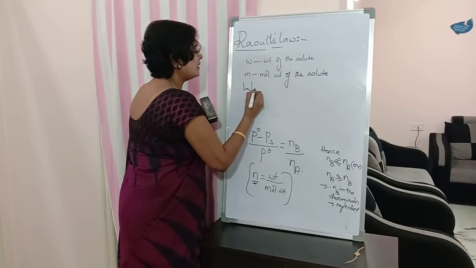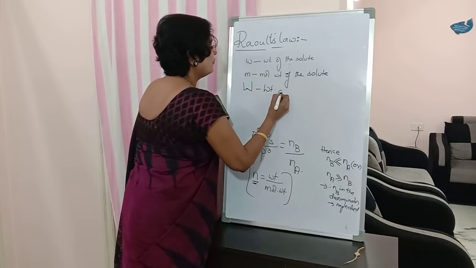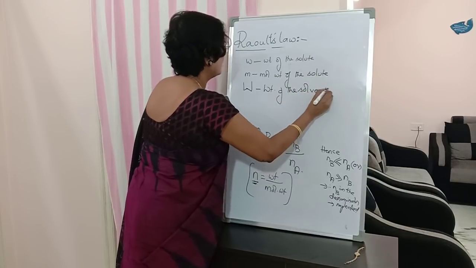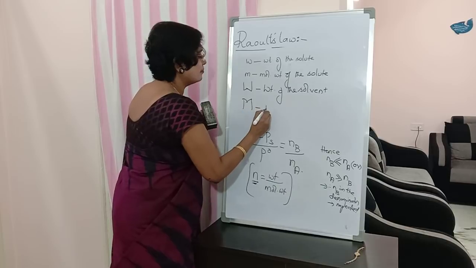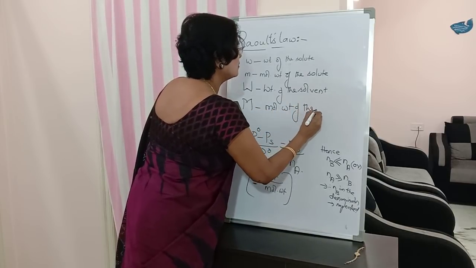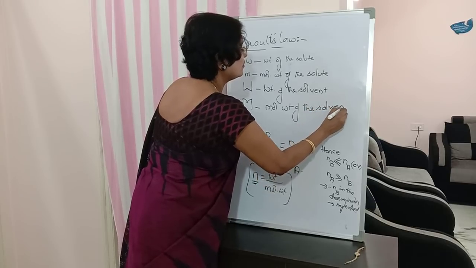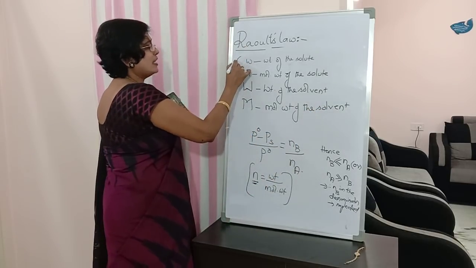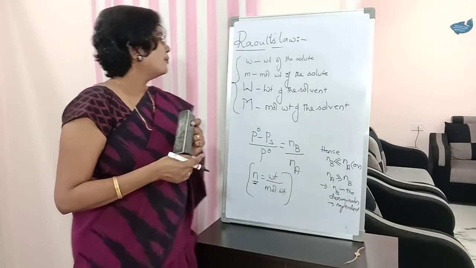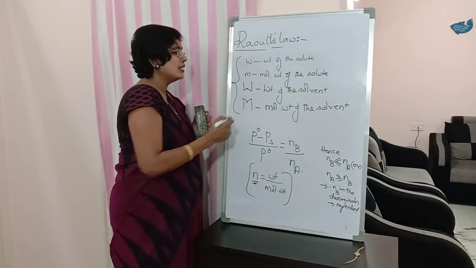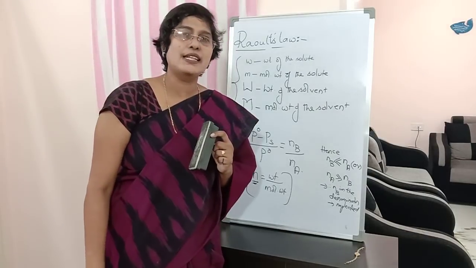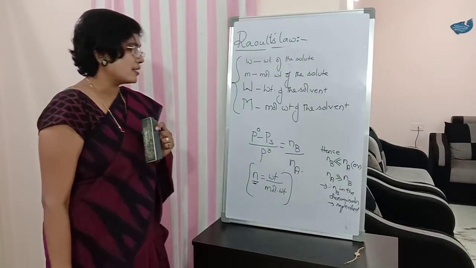Next, capital W, weight of the solvent. Next, capital M, molecular weight of the solvent. Okay, write down this data, students. Small w, weight of the solute. Small m, molecular weight of the solute. Capital W, weight of the solvent. Capital M, molecular weight of the solvent.